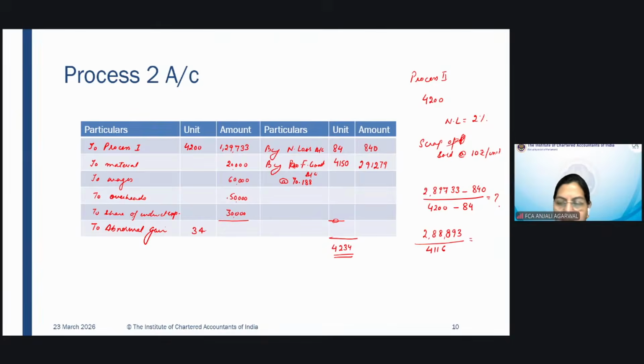This will also be charged at the same rate of 70.187. So this is 2386. You will see that the total should match here.